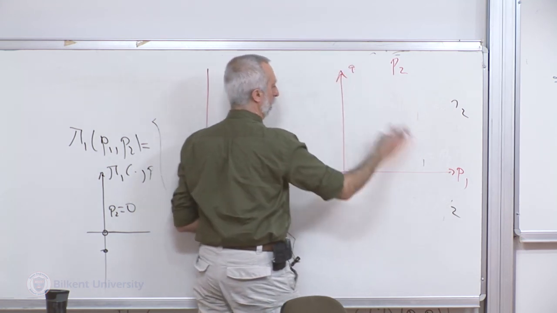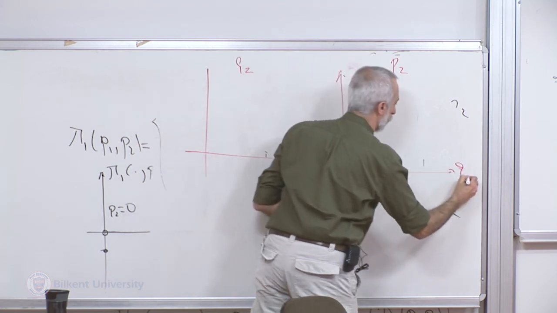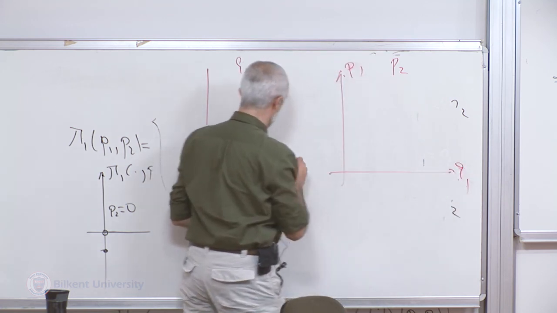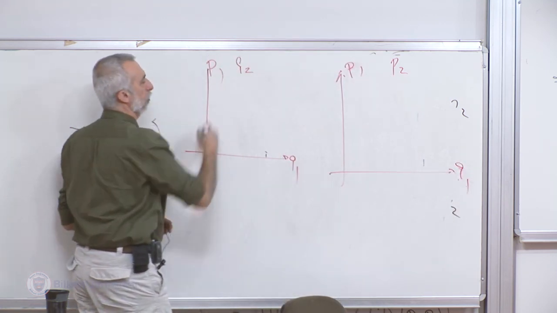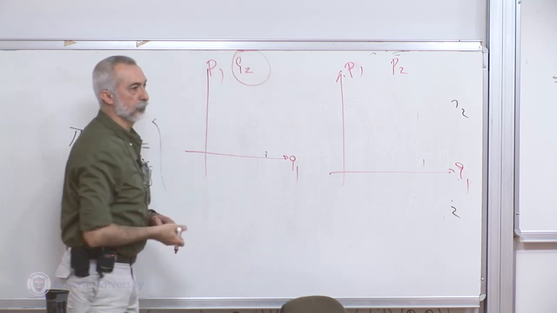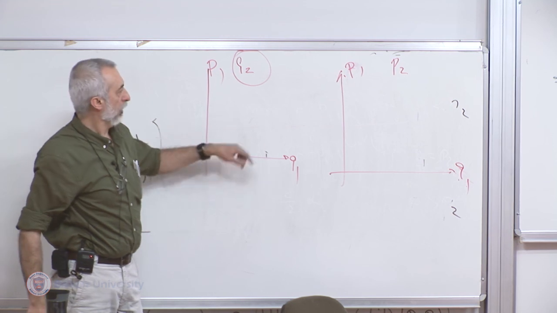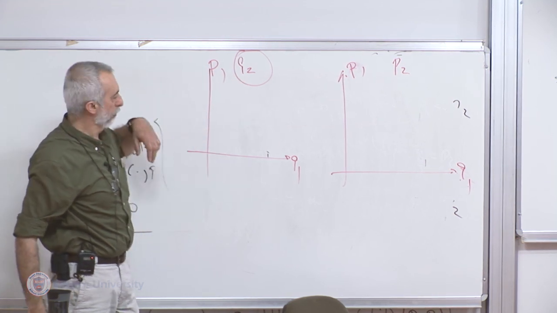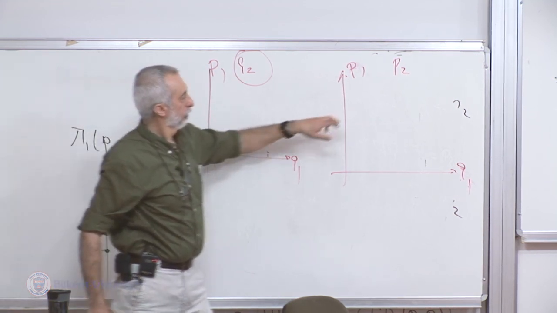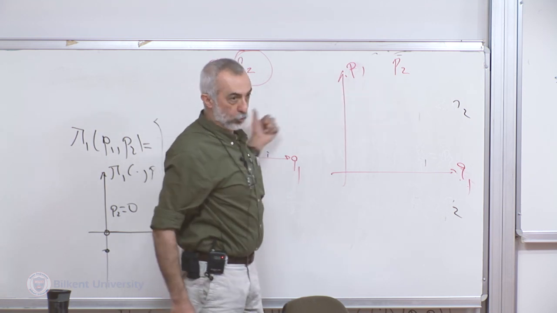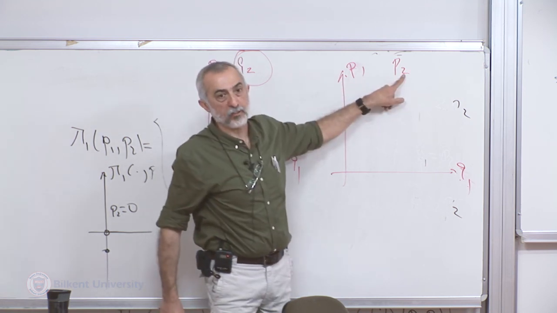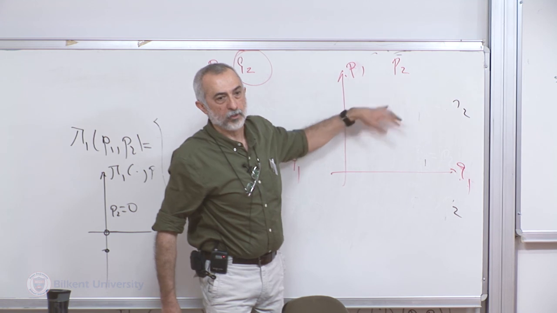I should write, I'm sorry. Q1, P1, Q1, P1. Q2 given, what is the demand? We call that the residual demand of the output for firm 1 in a Cournot model. P2 given, what is the residual demand?